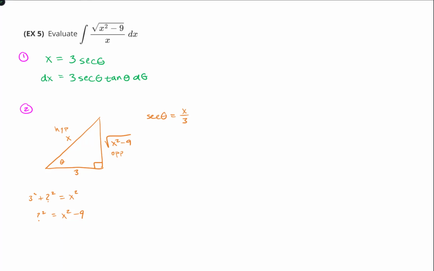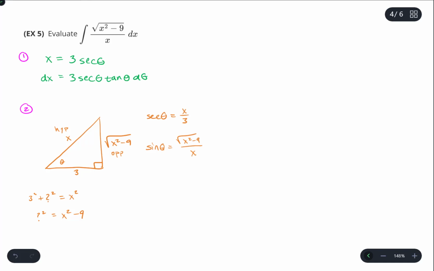If I say sine theta is the opposite side over the hypotenuse, then I've got something that matches exactly both terms all in one, which is going to make my substitution easier. So I go ahead and do those substitutions at this point. Sine theta, and then dx is 3 secant theta tangent theta d theta.